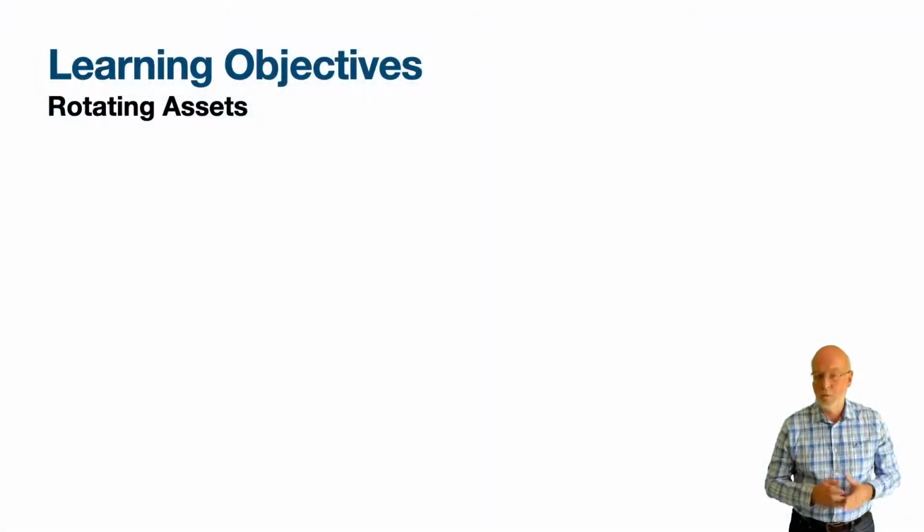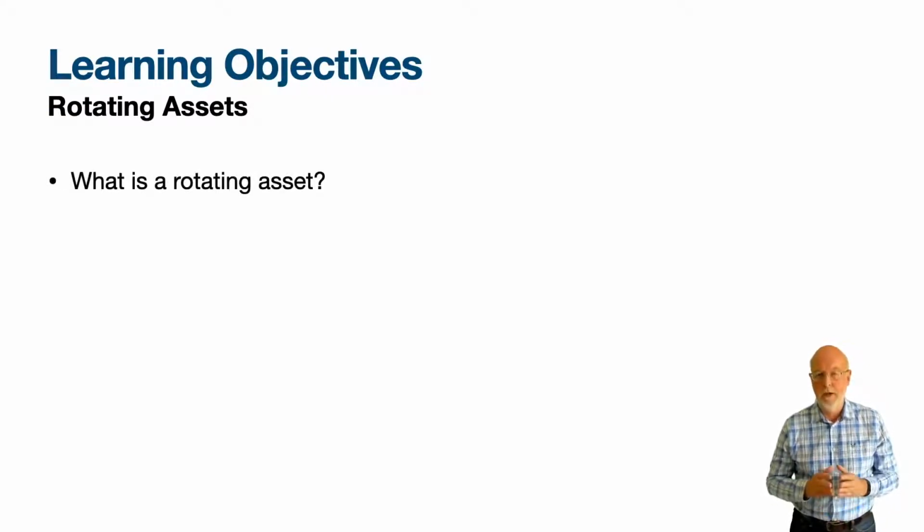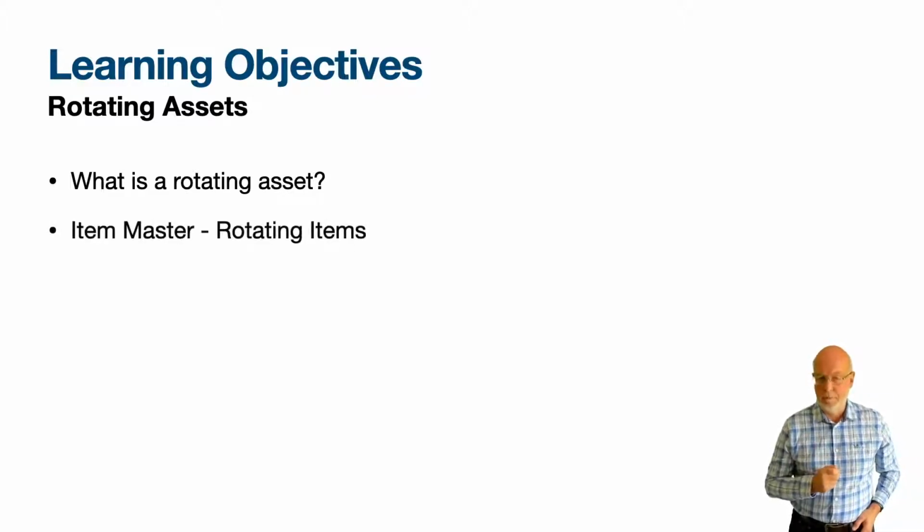Today we'll start with a bit of terminology, explaining two commonly used terms, rotating items and rotating assets, and the two terms are linked. We wouldn't be able to explain rotating assets without spending time in the Item Master application explaining rotating items, as some of the features are used with rotating assets.